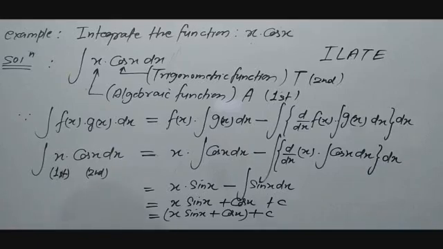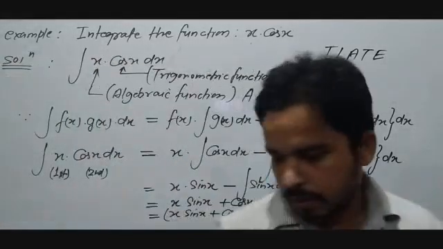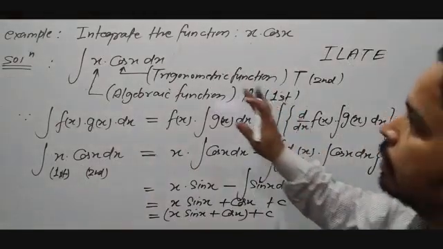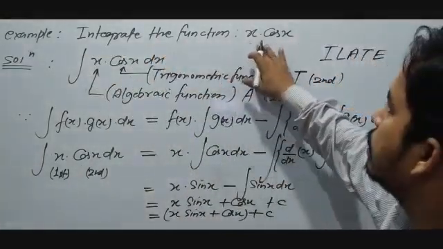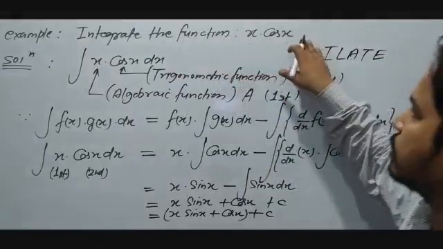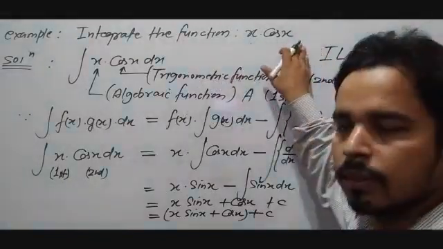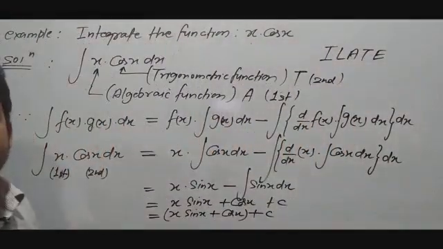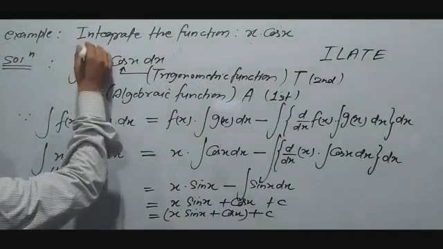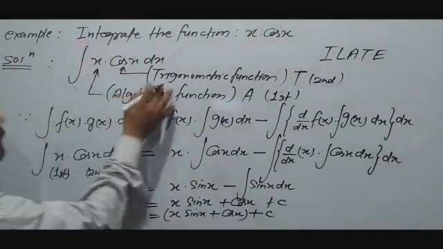Now again see, suppose we have to integrate the function x cos x. This function is in the form of a product. So now you will apply the product rule or integration by parts rule. So we have this, operate the sign of integral and dx.